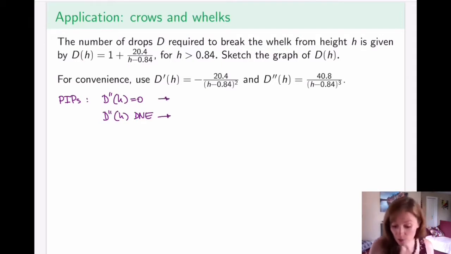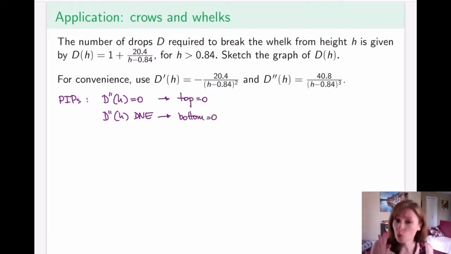Now, as before, not only am I given a second derivative, it is once again a really nice one because it's just one fraction. A fraction is only 0 when the top is 0, and a fraction does not exist when the bottom is 0.